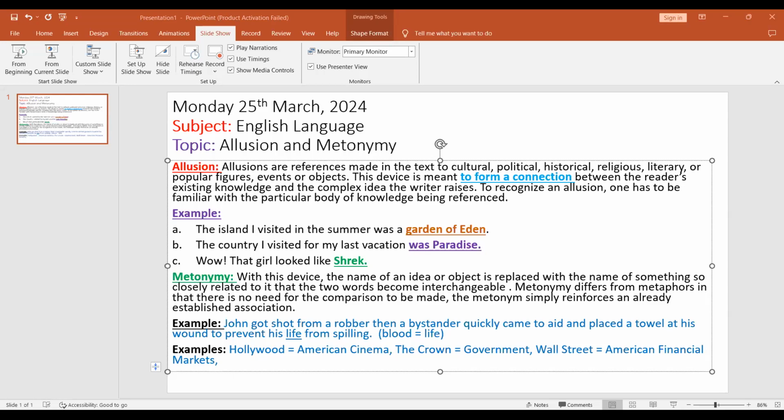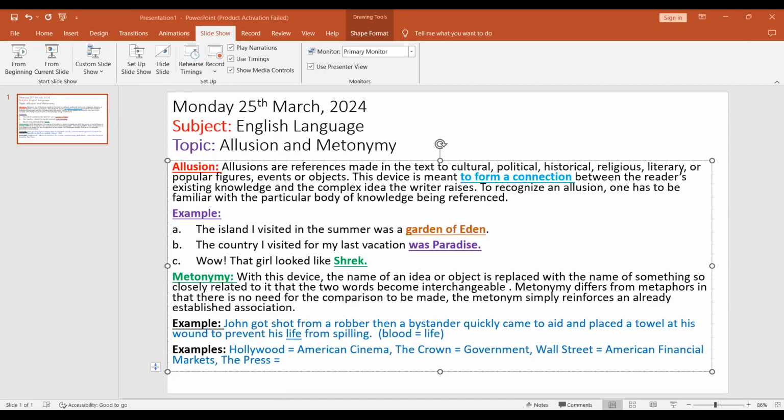What does the press mean? News. The news. What else? Reporters. So when we say the press, we're talking about the whole news industry.